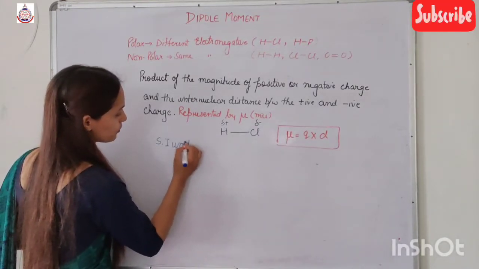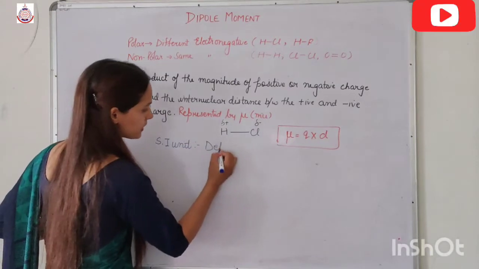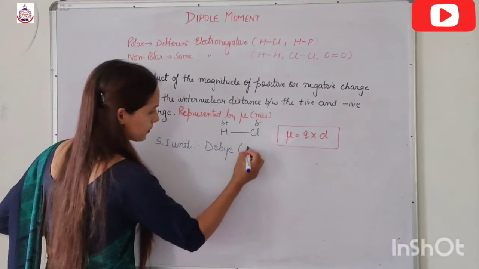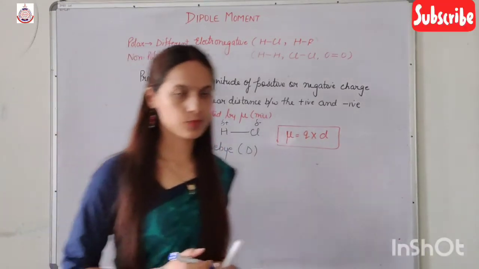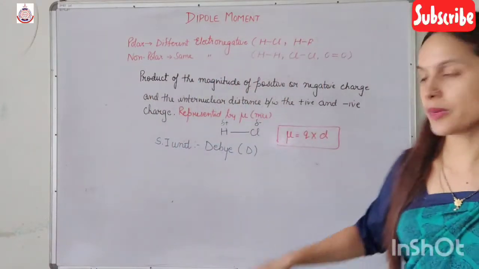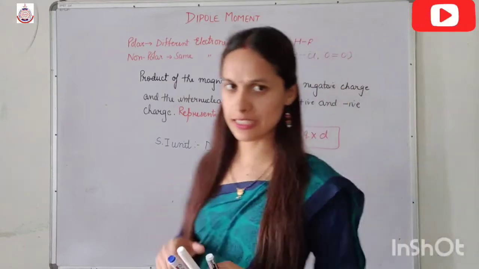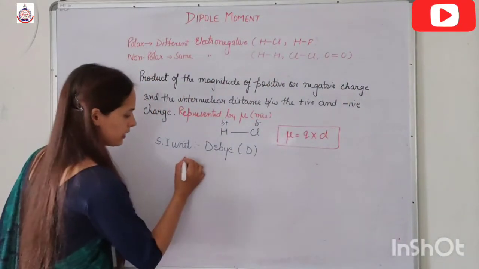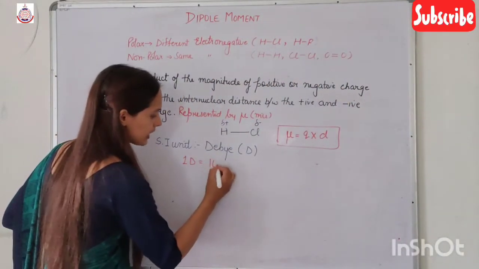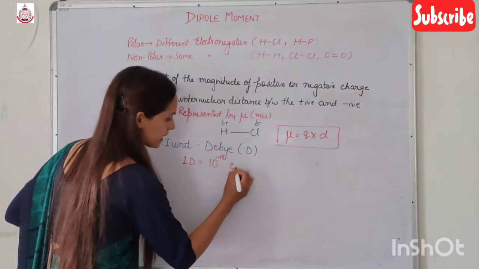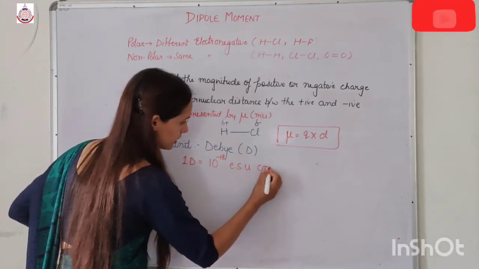Now, the SI unit of dipole moment is debye, which is represented by capital D, and 1 debye equals 10 to the power minus 18 ESU centimeter.